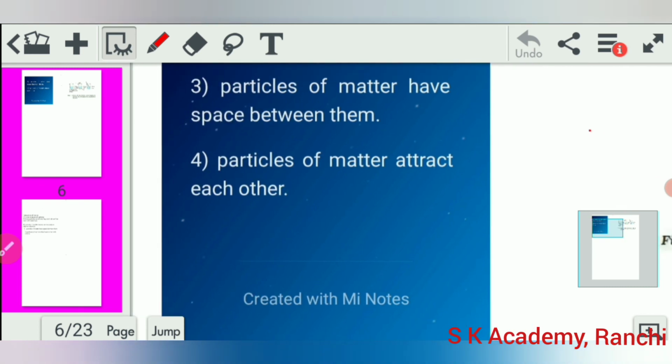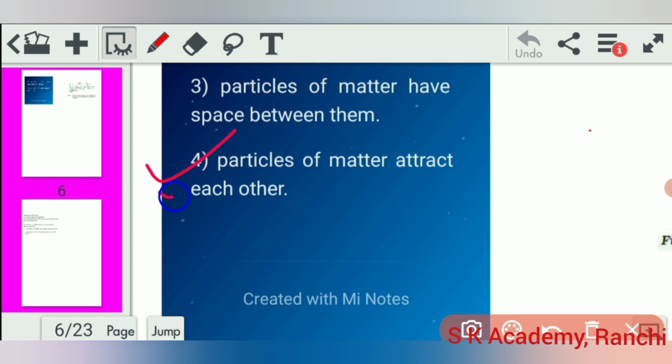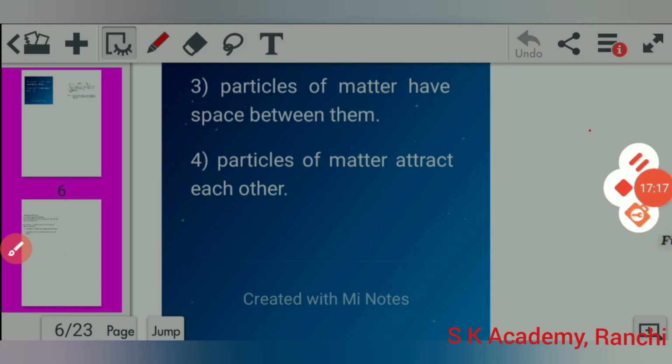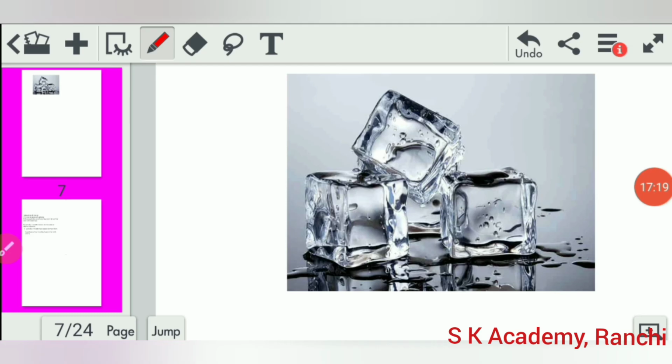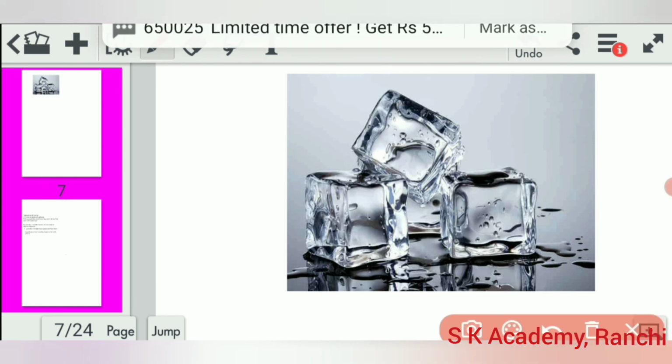Fourth property: particles of matter attract each other. All the particles of matter attract each other. How can we say that particles of matter attract each other? We have these ice cubes. These are solids.